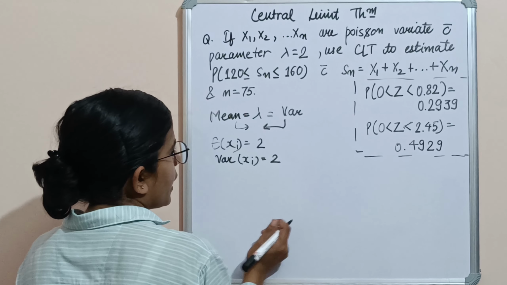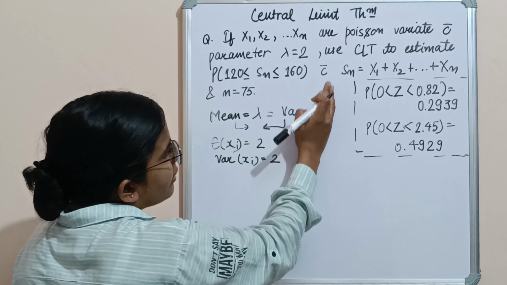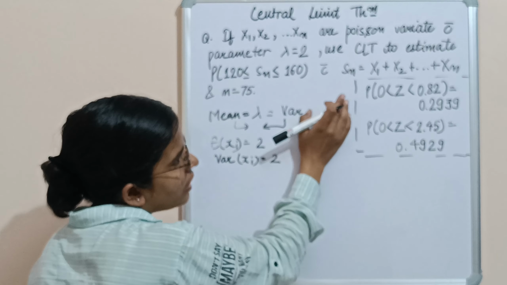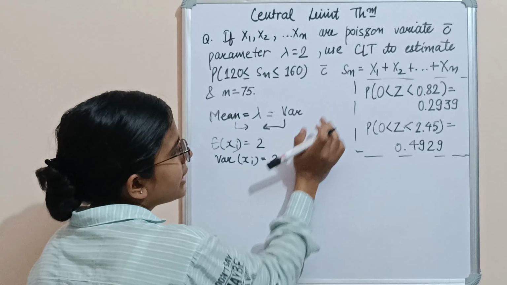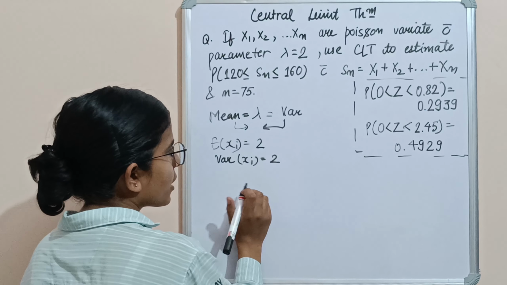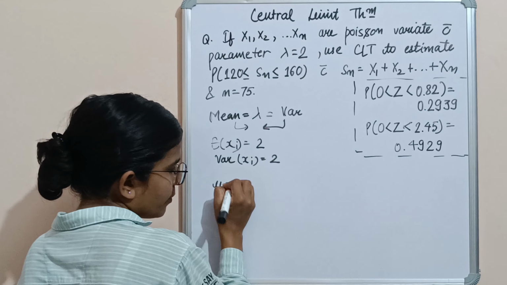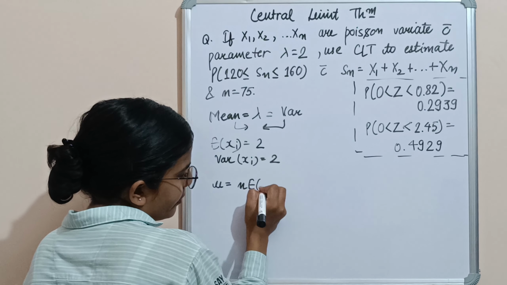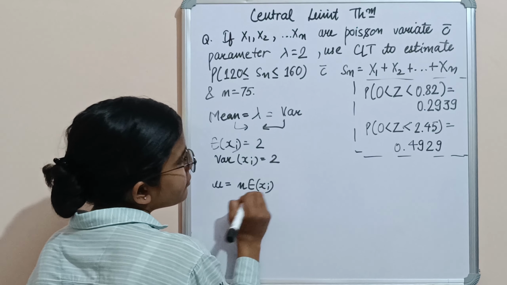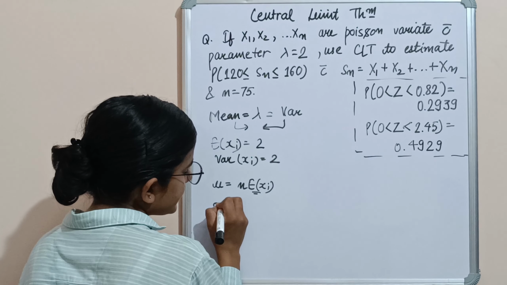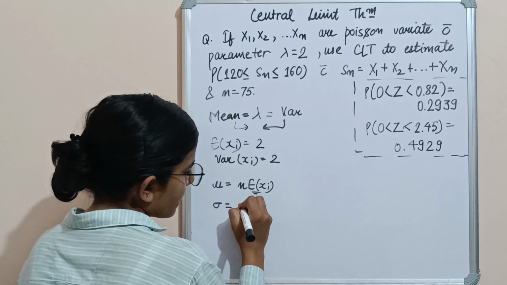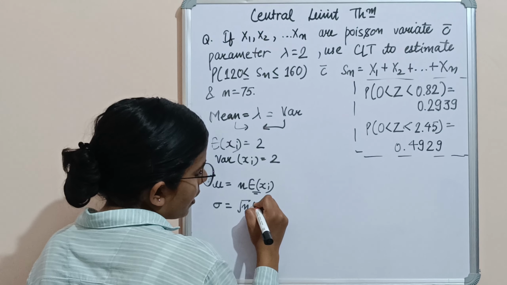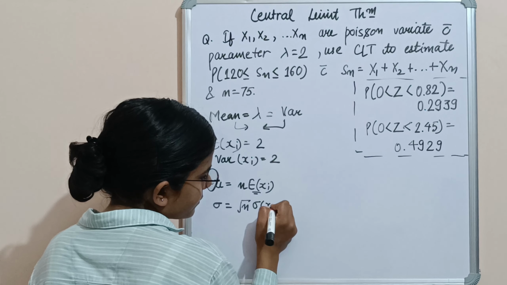As we know, if Sn is the summation of the individual X random variables, then this will follow a normal distribution with mean mu equal to n times the mean value of these random variables, and standard deviation sigma will be under root n times sigma of Xi.